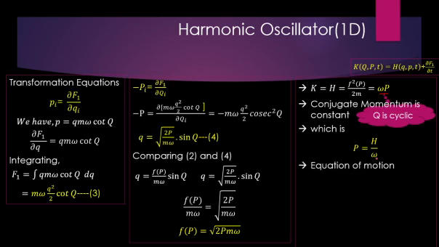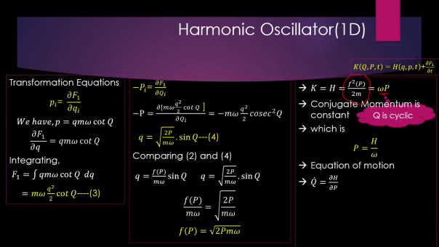Only if you write down the equation of motion and solve it will the solution be complete. So first the Hamiltonian was written and reduced to this form, then you find out what f of p is and substitute it back, and then you can write down the equation of motion.